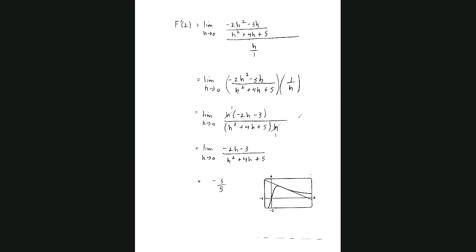So our derivative, f prime of 2, is going to equal this expression here. It'll be the limit as h goes to 0 of the numerator fraction, negative 2h squared minus 3h over h squared plus 4h plus 5, times the reciprocal of the denominator fraction, which will be 1 over h.